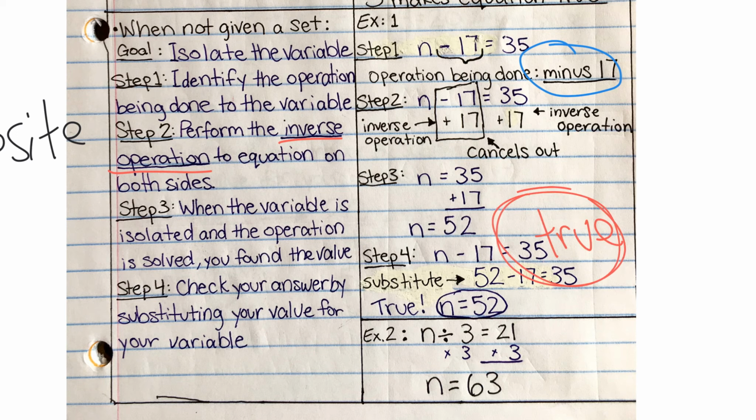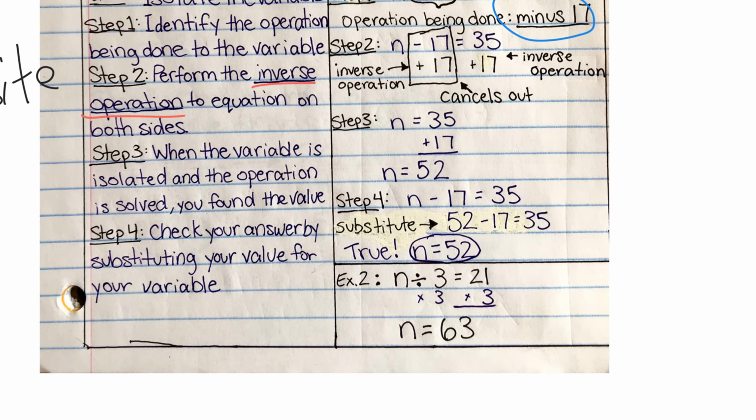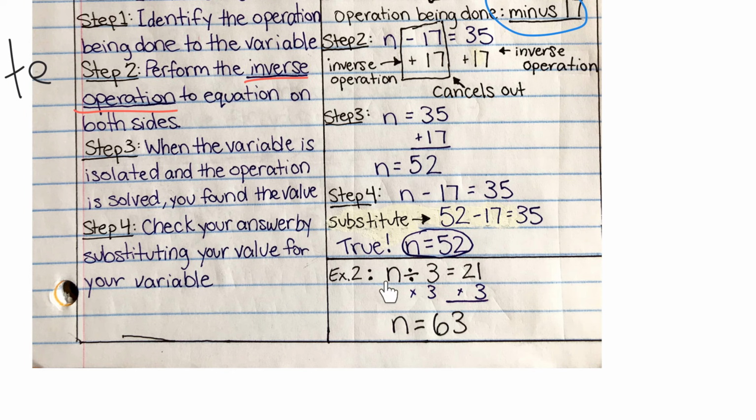Now I threw in one last example down here so that you could see what it would look like with a different type of problem. Here you're seeing n divided by 3 equals 21. That's our first equation. So step 1, if you remember, is to identify the operation being done. So the operation being done here is divided by 3. Step 2 is to do the inverse of that operation on both sides.